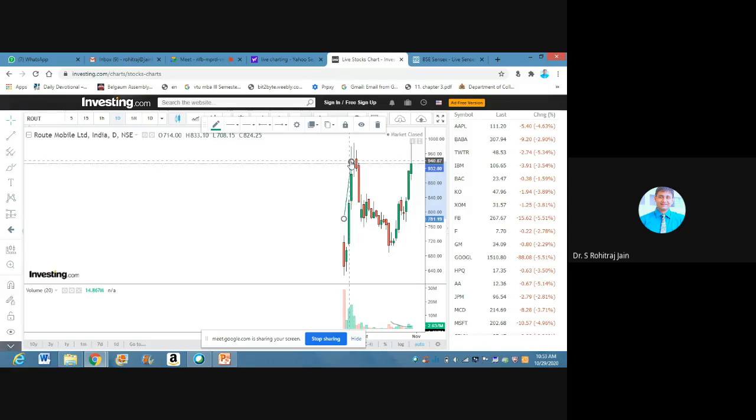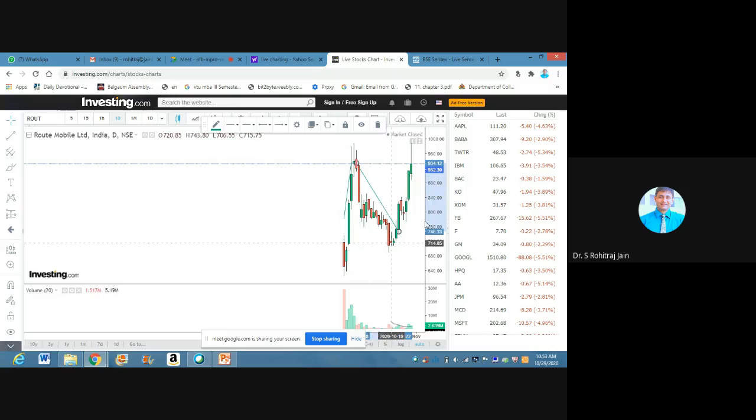The stock has moved in the upward direction, as far as this Root Mobile is concerned. And similarly from this point, see here, you can see a downward trend is there. The formation of a red candle indicates that the bears are coming into the market for this particular stock. So the selling pressure was more. Here the stock declined or came down.